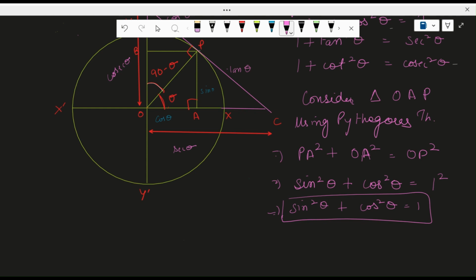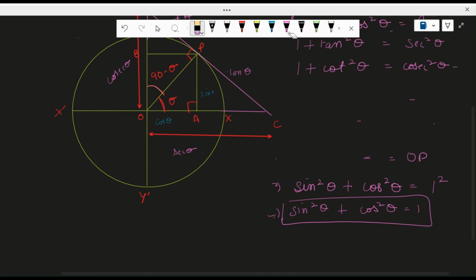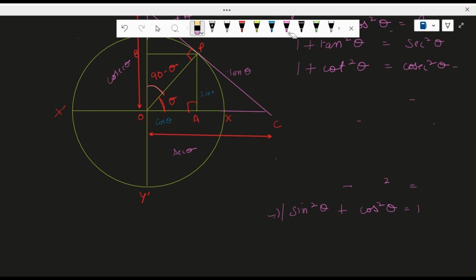Let us now calculate our second identity, that is 1 plus tan square theta is equal to secant square theta. There might be two methods of calculating, right? You can just use sine square theta plus cos square theta is equal to 1. Let us first divide by cos square theta.